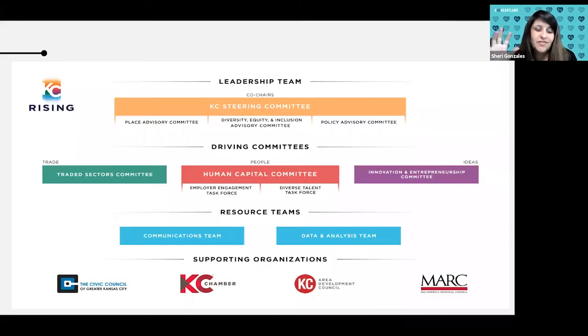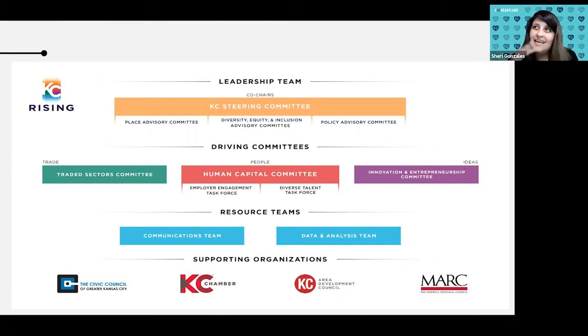this is what we call our operative model. It is just a structure of how we get the work done. We are not an organization. We're supported by the 4 organizations that are listed on the bottom that are civic regional organizations. 3 are business-led. 1 is led by elected officials, a public entity.